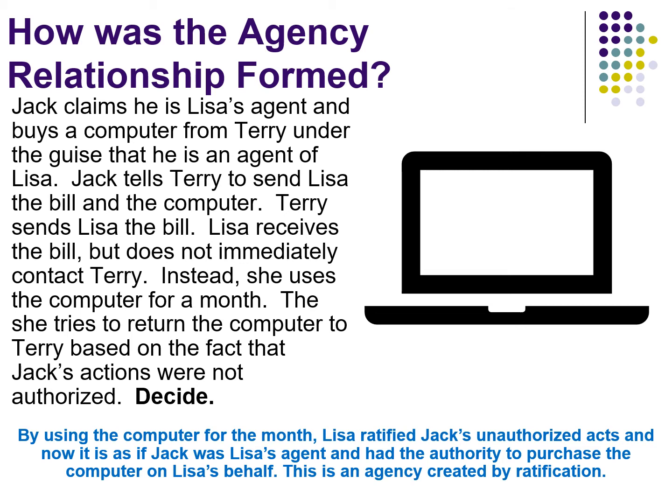If you find out about the details of the deal, like Lisa did here, and you don't do anything, or you delay and use or do something inconsistent with letting the third party know that this wasn't authorized, then the law says it is as if you had authorized it. And Lisa, you're not going to be able to now return this computer that you used for a month. That would be inequitable.